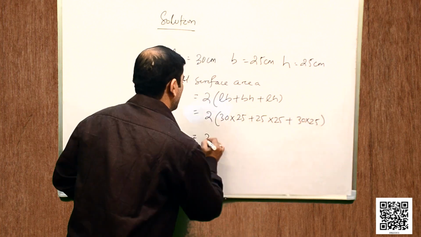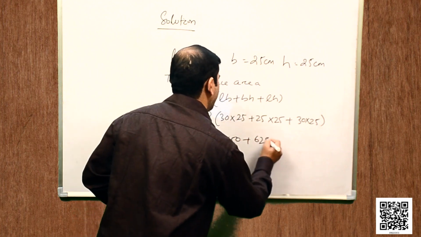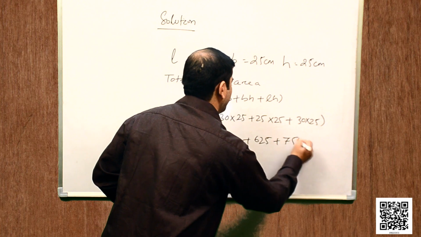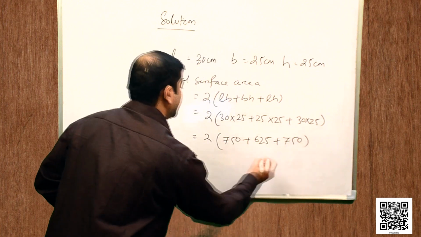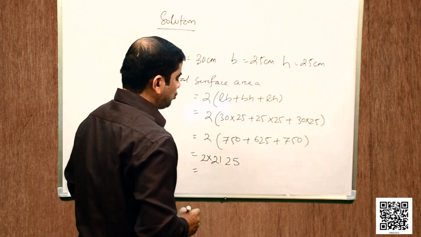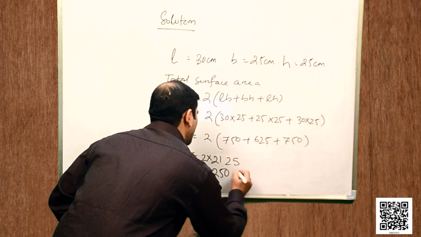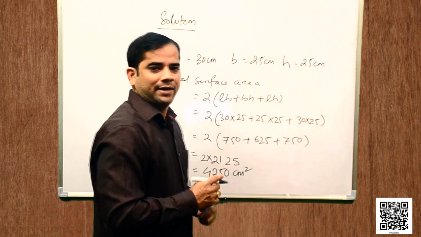That gives us 2 into 750 plus 625 plus 750. So it results in 2 into 2125, which gives us 4250 centimeter square.